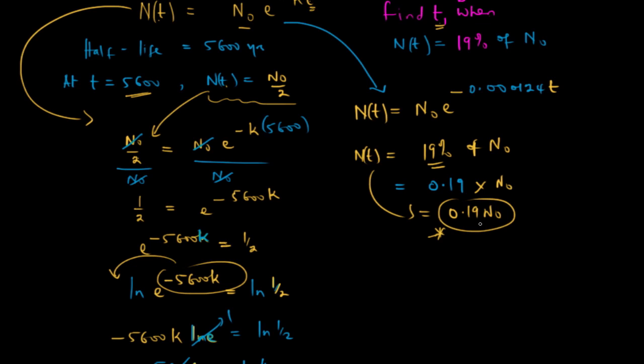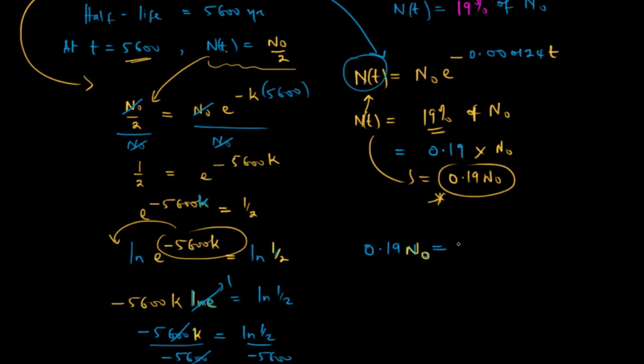So since N of t is 0.19 N naught, we're going to make a substitution here. So what you have is 0.19 N naught equals N naught e to the power negative 0.000124t.